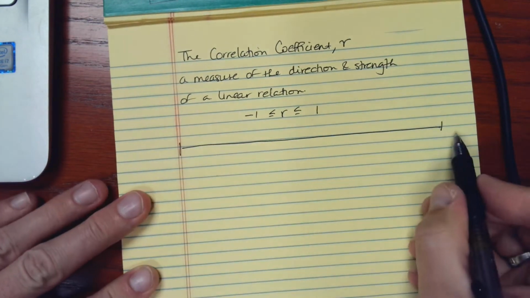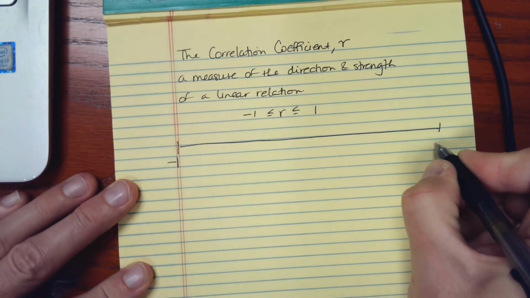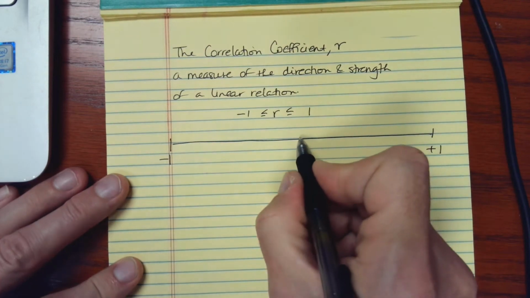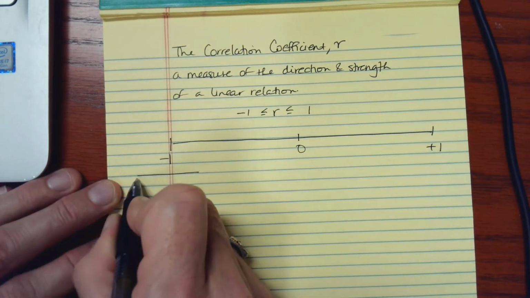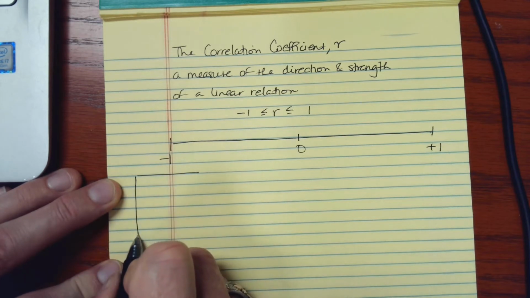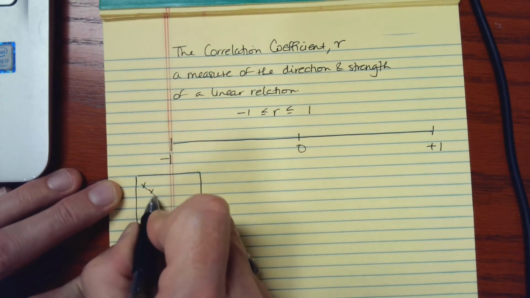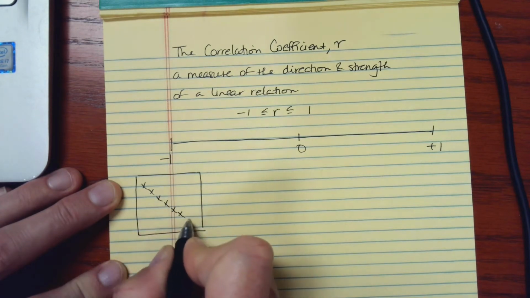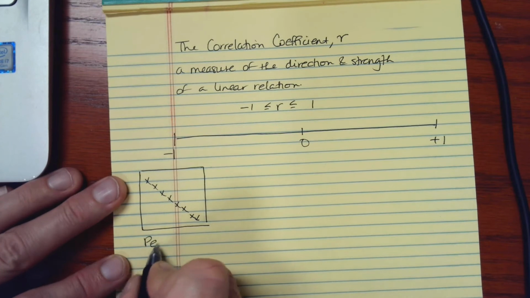So I'm drawing a line segment that extends from -1 to +1, and right here in the middle I'm going to put 0. So a correlation coefficient of -1 would represent a perfect negative linear relationship.